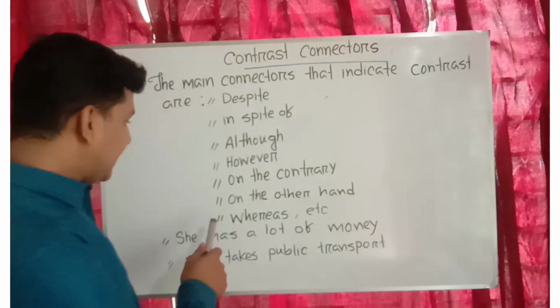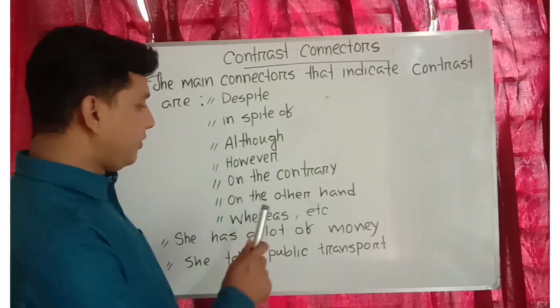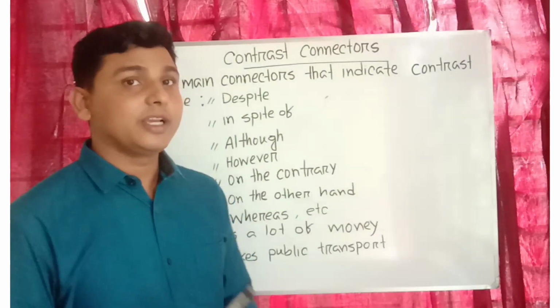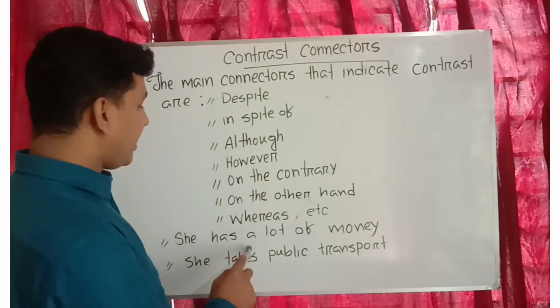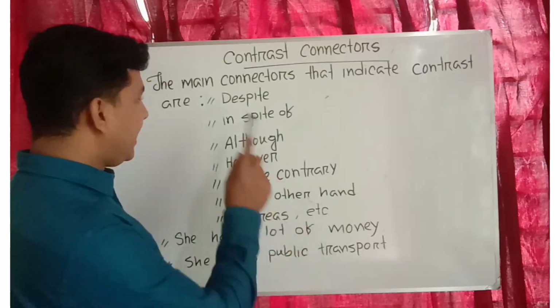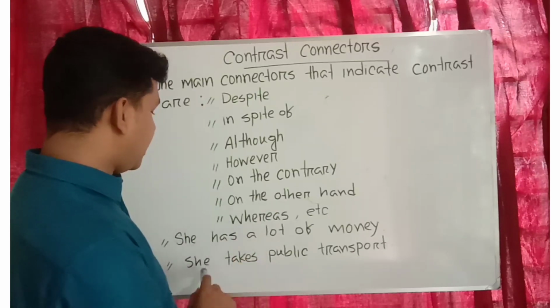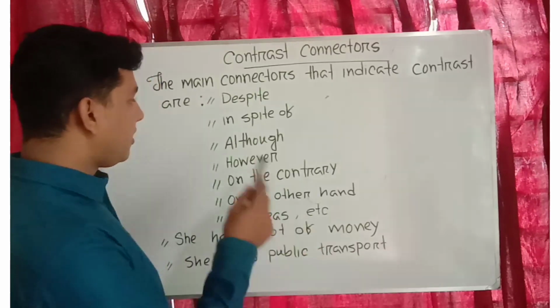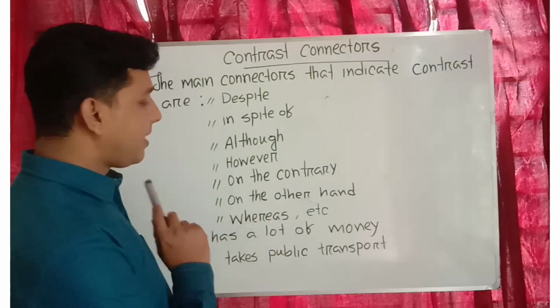You see, she has a lot of money, she takes public transport. If we want to connect these two sentences, we can say: despite her having a lot of money, she takes public transport. In spite of her having a lot of money, she takes public transport. Or although she has a lot of money, she takes public transport.